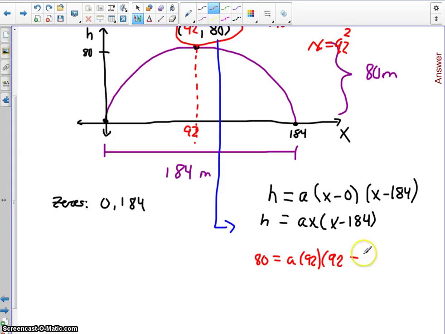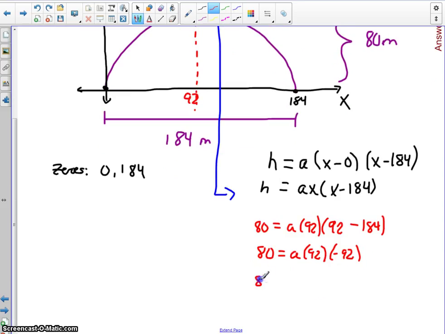So everywhere I see an x, I put in 92. That gives me 80 equals a times 92 times negative 92. A quick multiplication tells me that's negative 8,464 a.